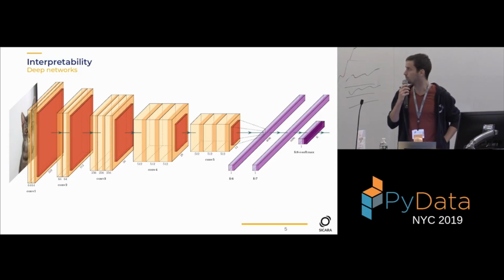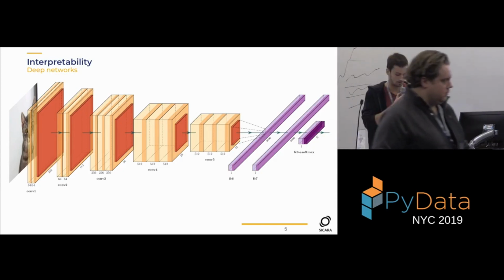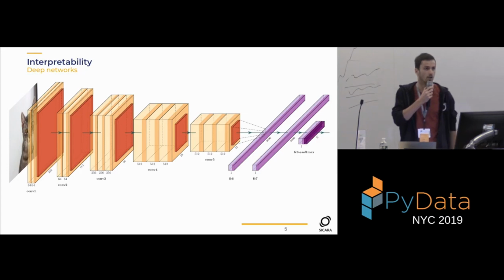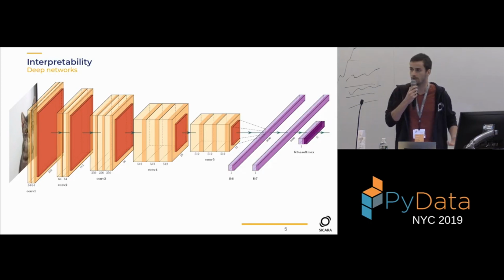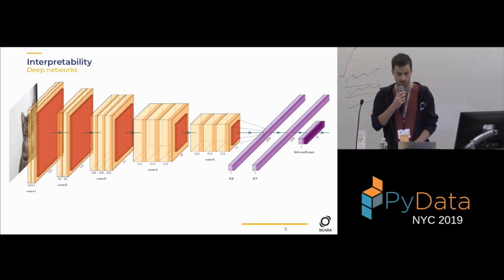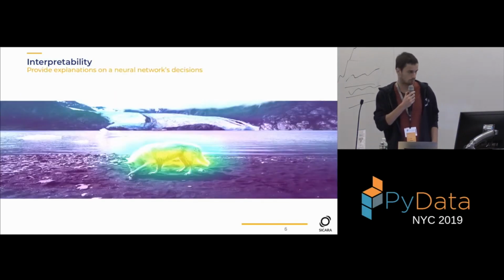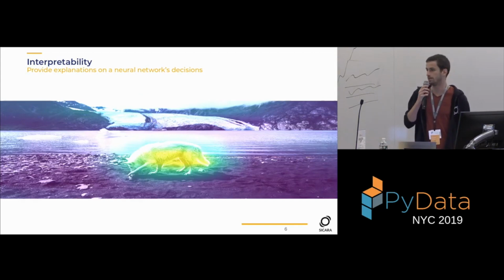How do you explain, okay, my deep learning model is predicting it's a cat? What in the image is actually important to predict the cat? Is it really focusing on the cat and not on some bias in the rest of the image? So that's what interpretability is.